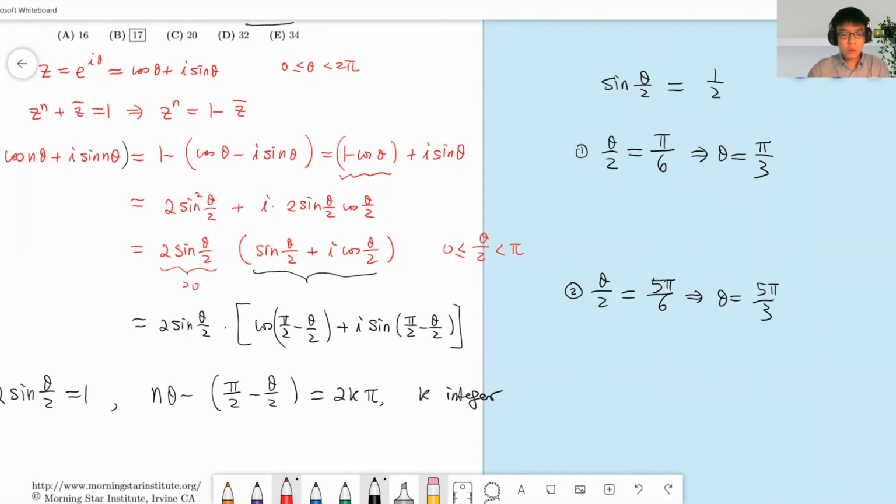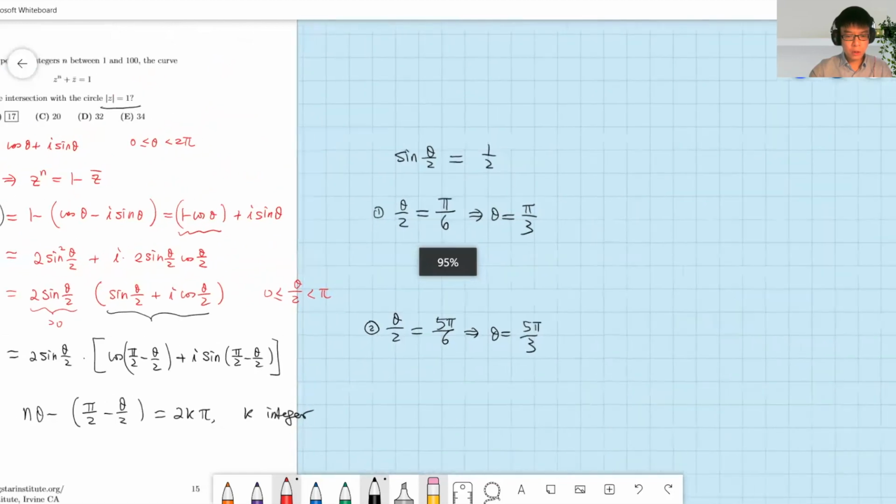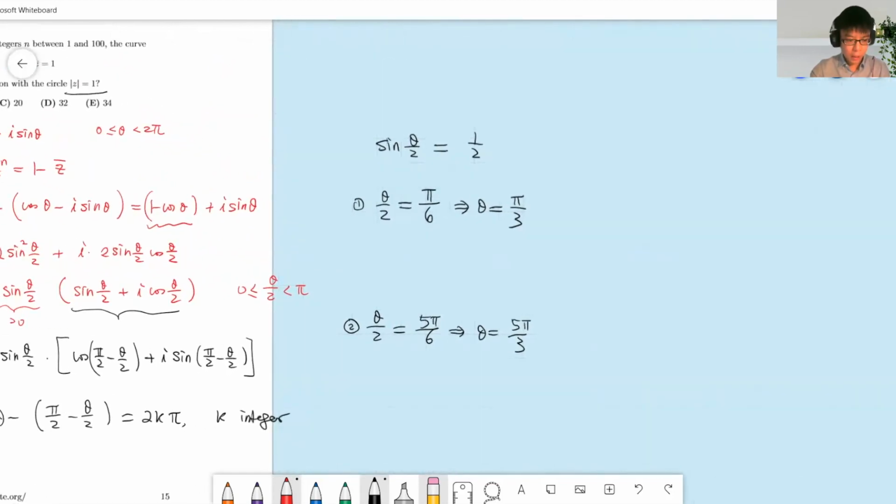Now, for each possibility, let's plug into the second equation and discuss the value of n. If you plug into the second equation, for the first case, let's just cancel pi, because we have pi everywhere. So this is going to be n times 1/3, minus 1/2, plus 1/6 equals 2k.